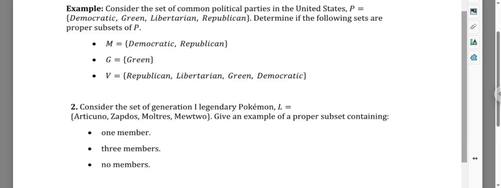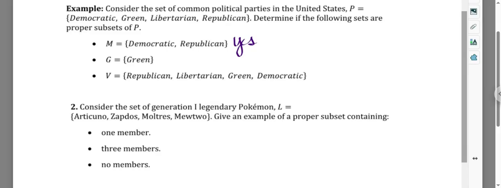So set M, Democratic, Republican. Is that a proper subset of the original? Yes. Democratic and Republican are elements of the original set, and it's a smaller set of the original.